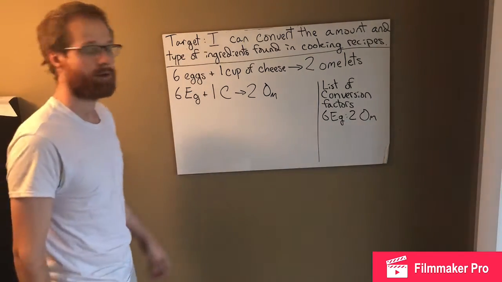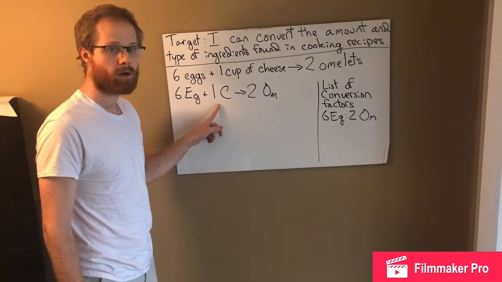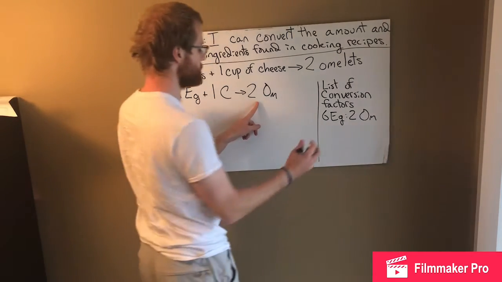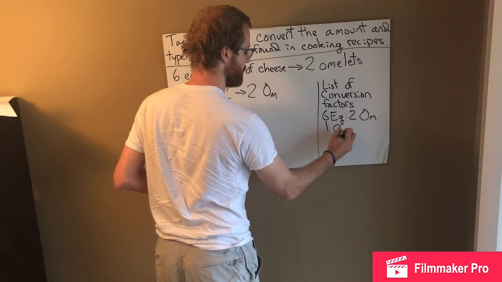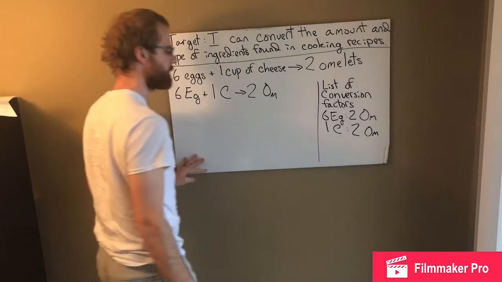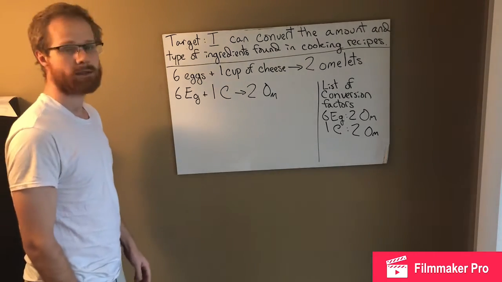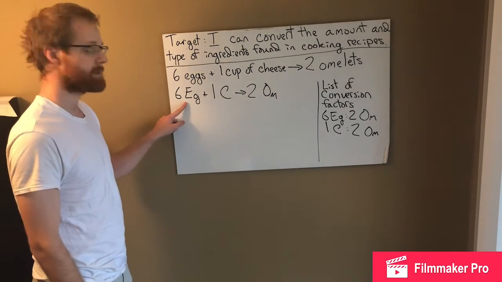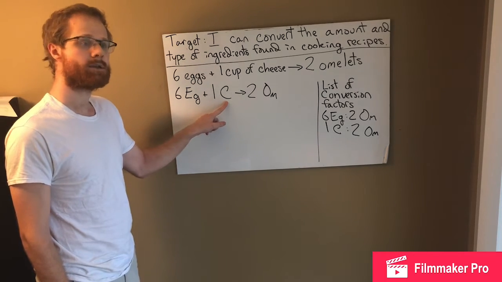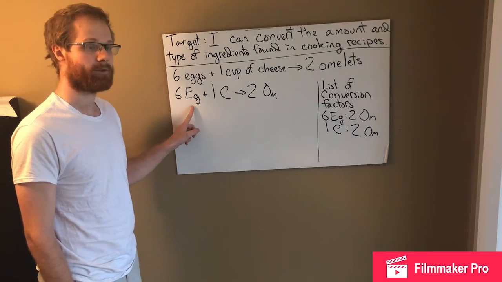Additionally, I know if I've got 1 cup of cheese, that's going to be enough cheese to make 2 omelets. So that's another conversion factor. Cool. Lastly, I know if I've got 6 eggs, I'm going to need exactly 1 cup of cheese so that I don't have any leftover eggs.